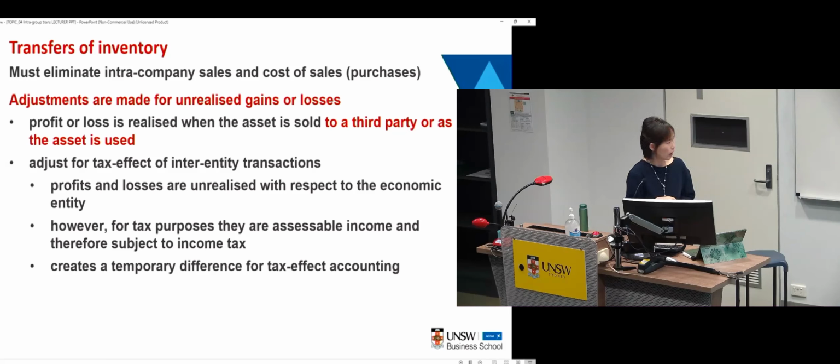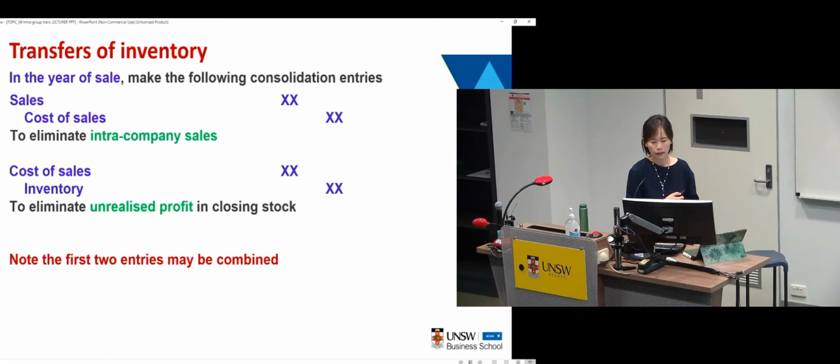The adjustment of the carrying amount of the inventory still on hand at the end of the period creates temporary differences and leads to the recognition of deferred tax. Now, in the year of the sale, that is, the year when this intragroup transfer of inventory took place, we have a debit sales against credit cost of sales. And for the inventory still on hand, we have an unrealized profit contained in the closing balance of inventory.